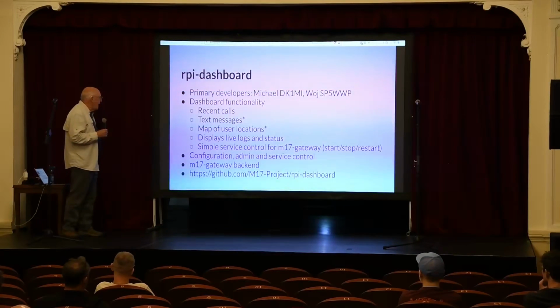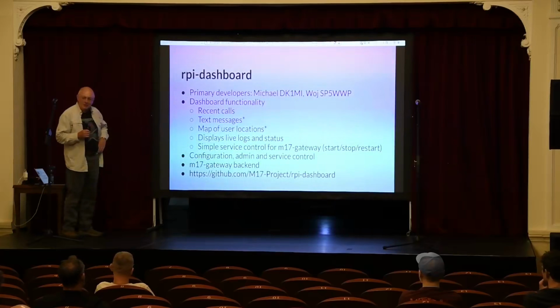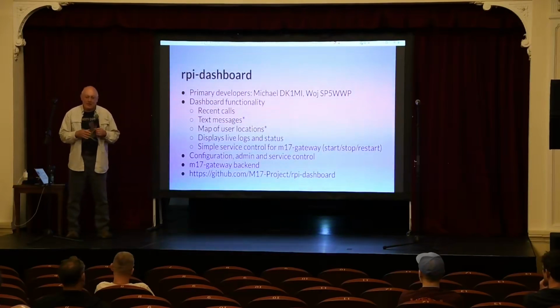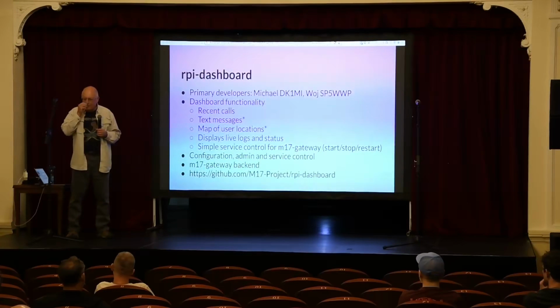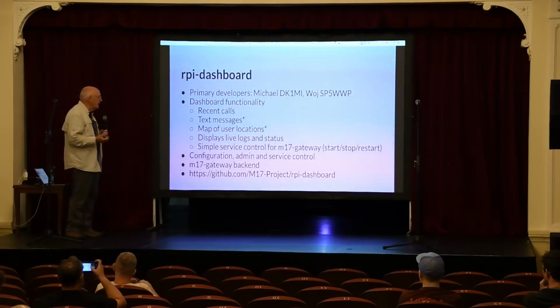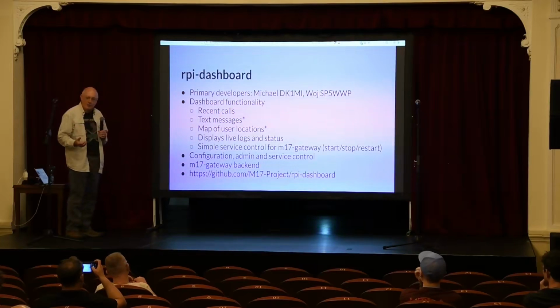It can show a map of user locations, because again, M17, that's something that's happened. Another thing that's happened over the summer, sort of behind the scenes, is we've done some work on the GPS coordinate recording part of M17, so that can happen automatically if your radio has a GPS.